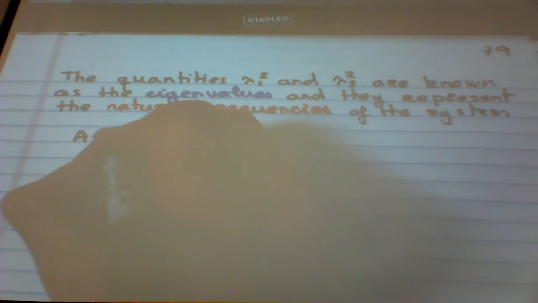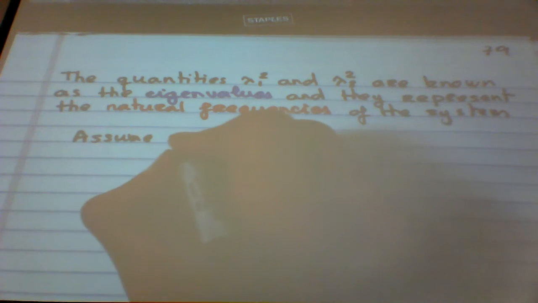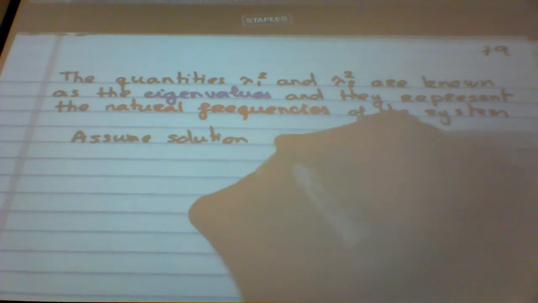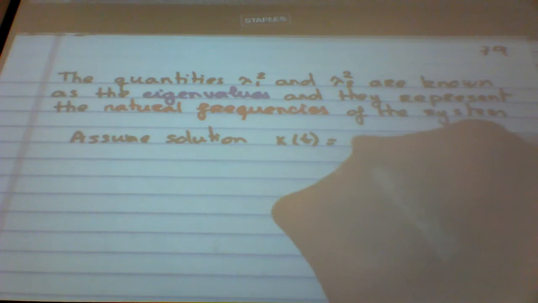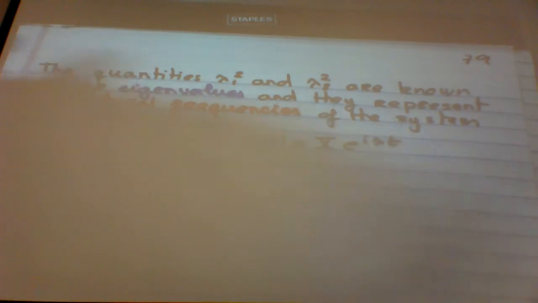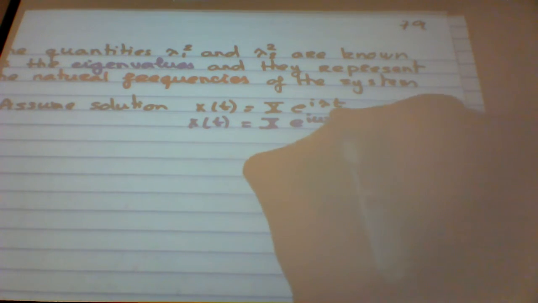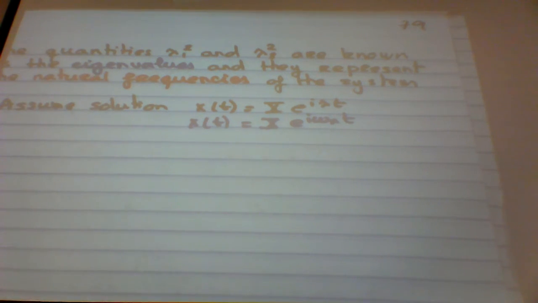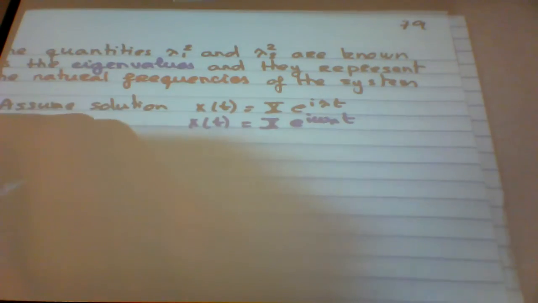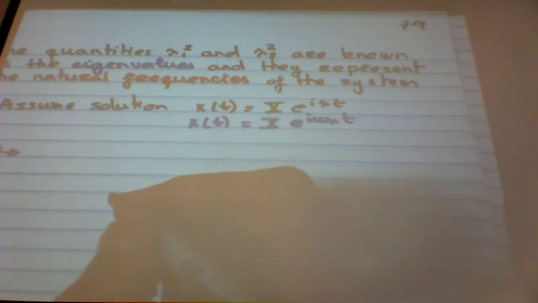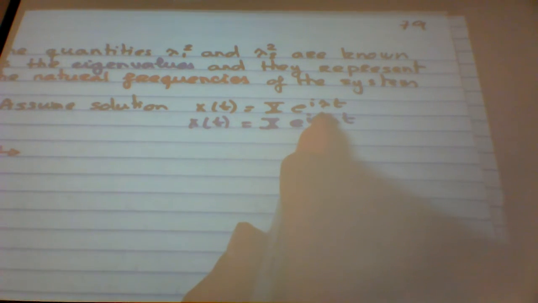Okay, so if you remember, what did we have on the assumed solution? I told you that we choose this, but that you could split it up into 1 and 2, and that we could assume e to the omega n t. Really, what's happening here is that at the end we ended up with a quadratic equation for lambda.